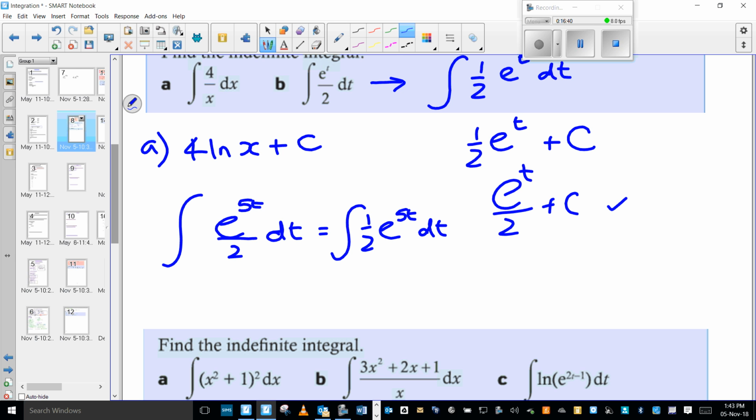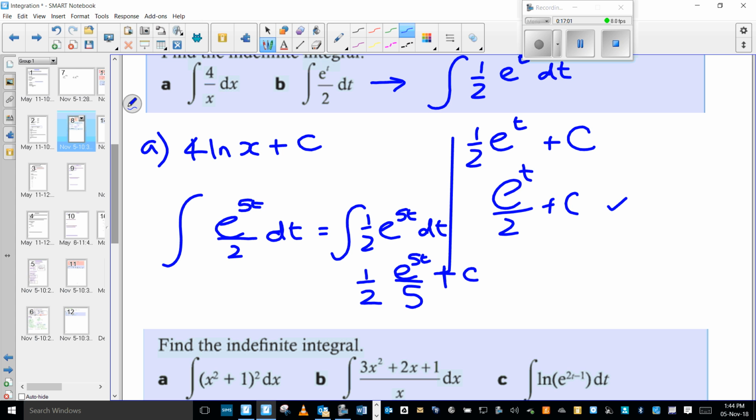Our half stays there, and then our e to the 5t becomes e to the 5t over 5. So far, so good? That just says plus c. But we've got 1/2 and then e to the 5t over 5.